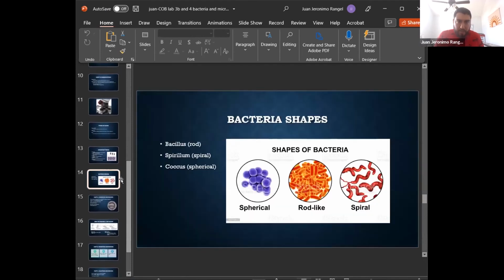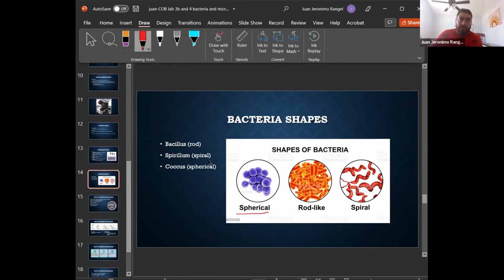All right, so bacterial shapes. So we have these spherical ones, they're like little balls. Those are spherical. The Latin name for it is coccus.